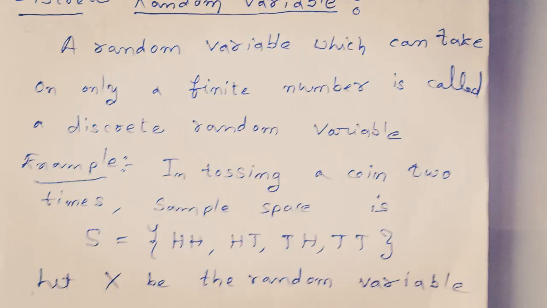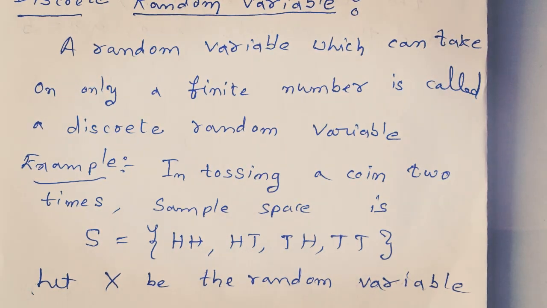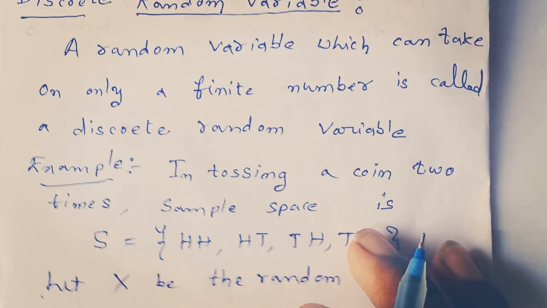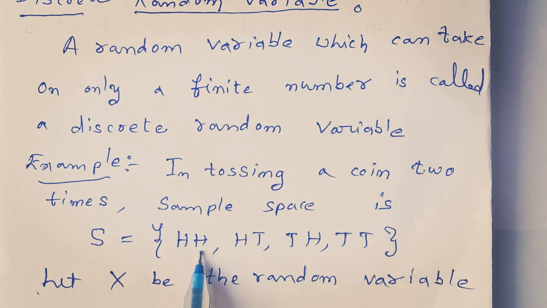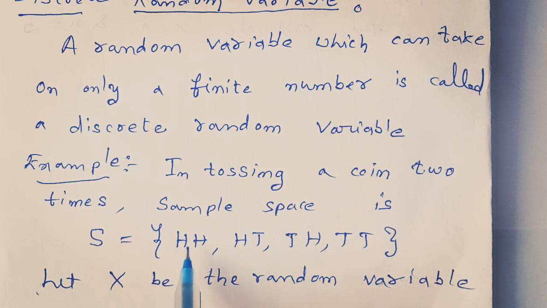We know that the probability of getting 2 heads is 1 by 4, because there are four possible outcomes, and for getting HH, 1 by 4 is the probability. Similarly, for getting HT, the probability is 1 by 4.